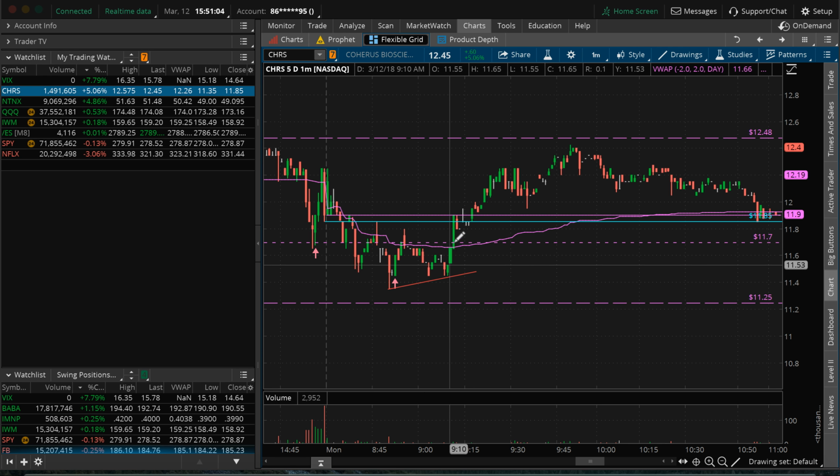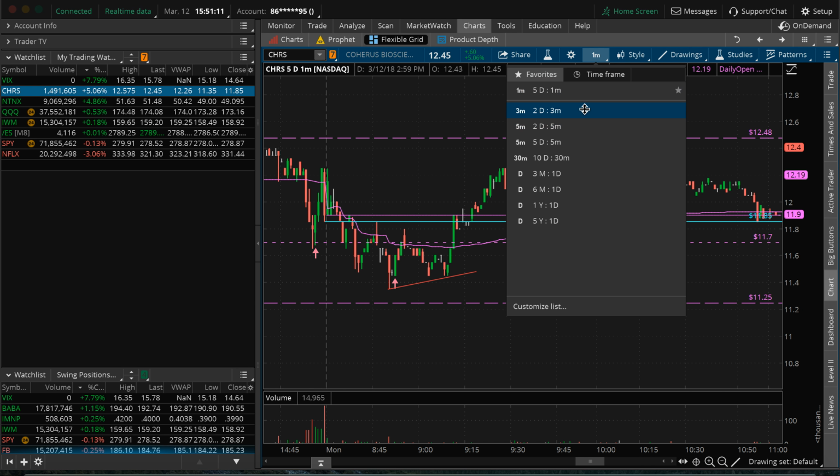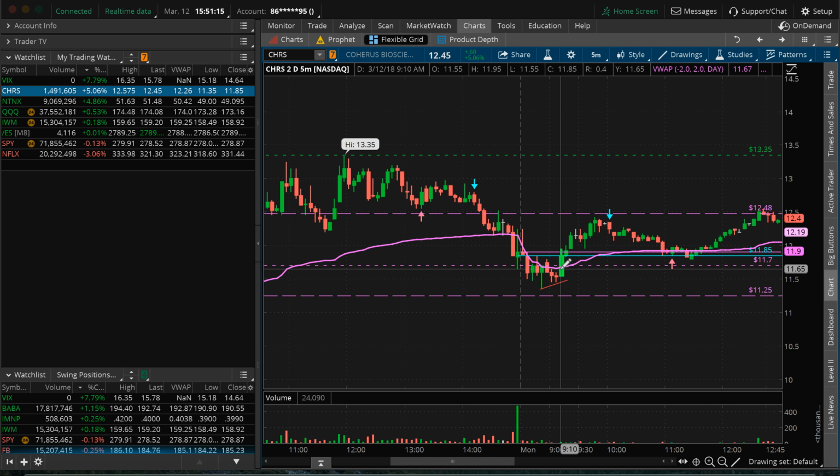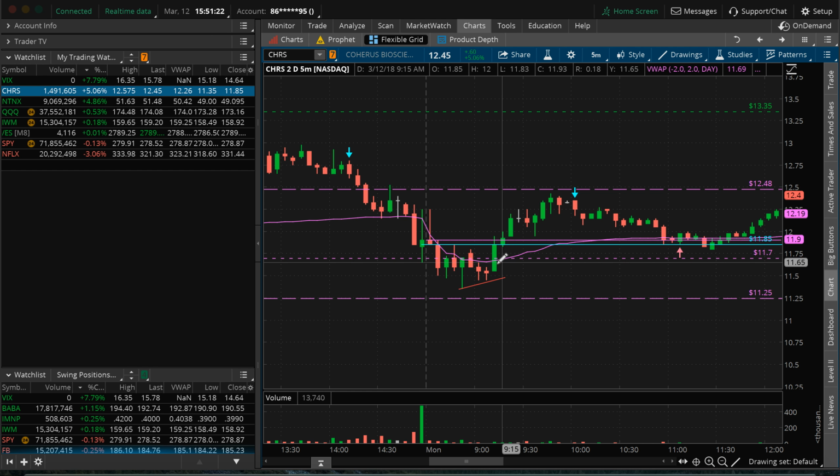So again, this move literally happened in, let's say, 1, 2, 3, 4, 5, 6, 7. Or actually, let me put a 5-minute candle. You guys can get a better picture. So this move happened literally in, let's say, 5, 10, 15 minutes. A 15-minute move. So it's like a 15-minute trade, which is very quick.